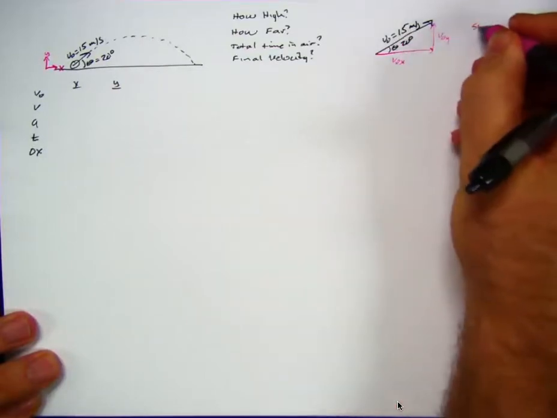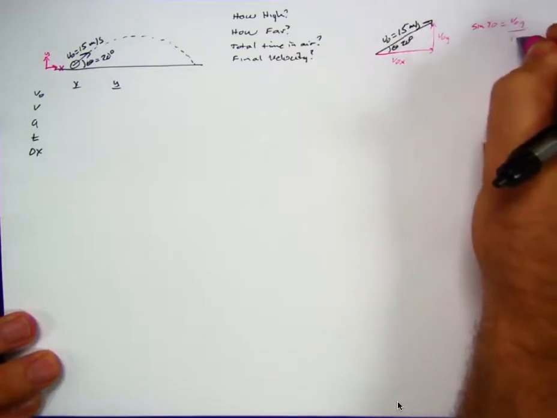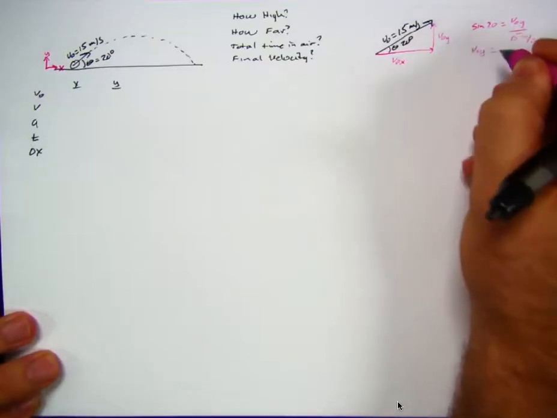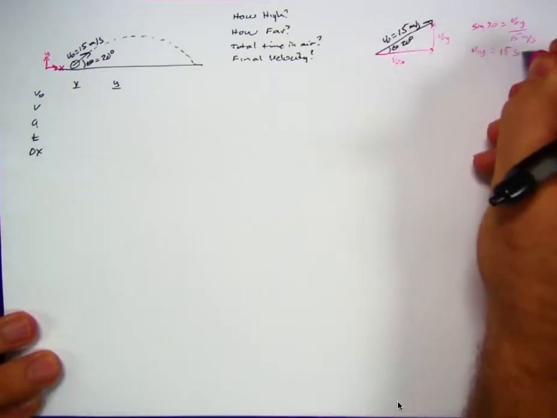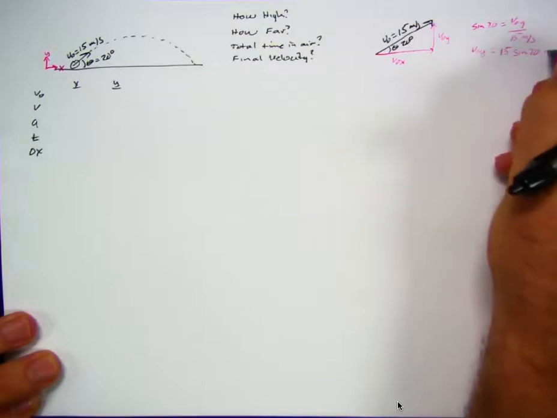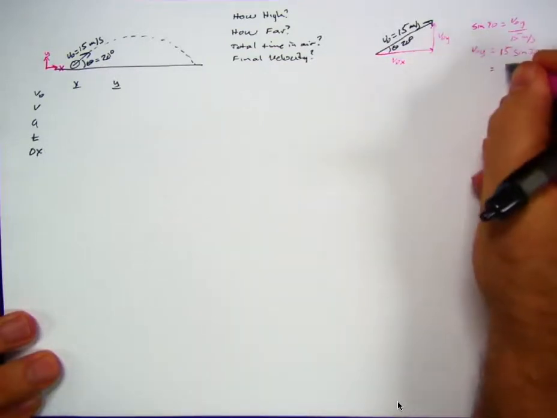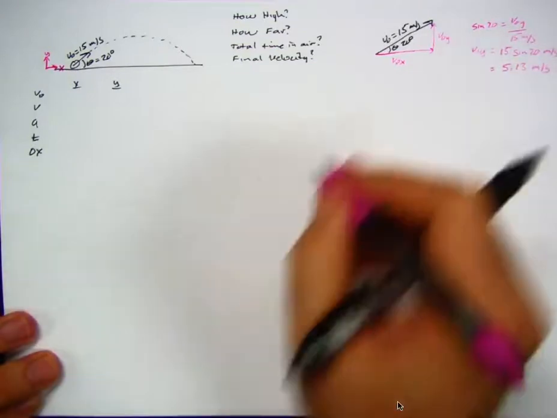So sine 20 is equal to v0y over 15 meters per second, or v0y is equal to 15 sine 20 meters per second. And if I plug that into my calculator, since 20 is in degrees, I want to make sure that my calculator is in degree mode. v0y is 5.13 meters per second.